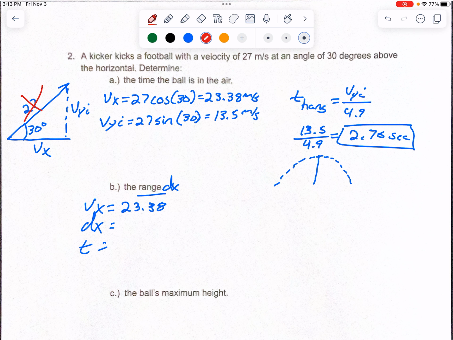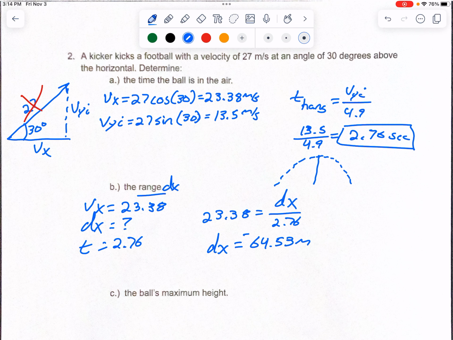You will only use Vx and Vyi, so don't use that 27 on either A or B. dx is what we're looking for, and time, we just found it was 2.76. So Vx equals dx over t, so 23.38 equals dx over 2.76. Multiply both sides by 2.76, and you're going to get a horizontal distance of 64.53 meters.